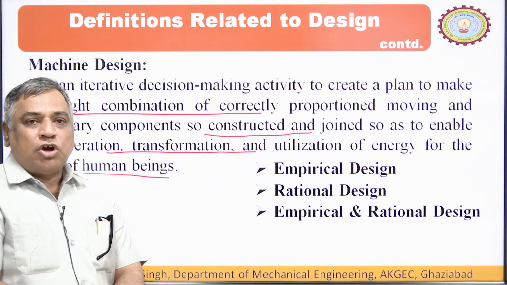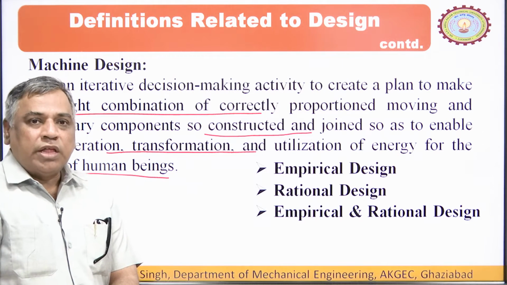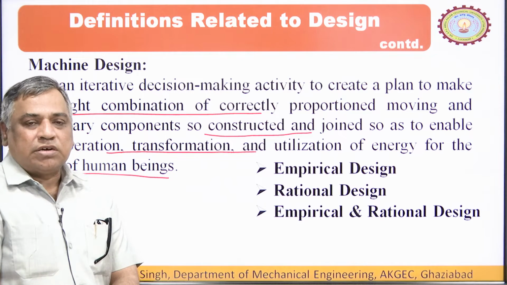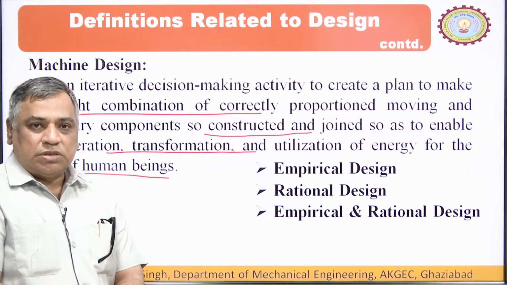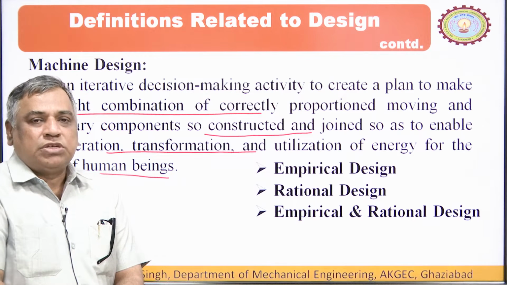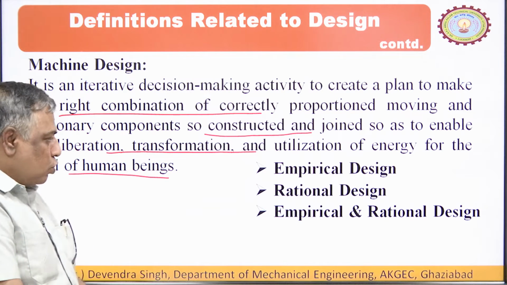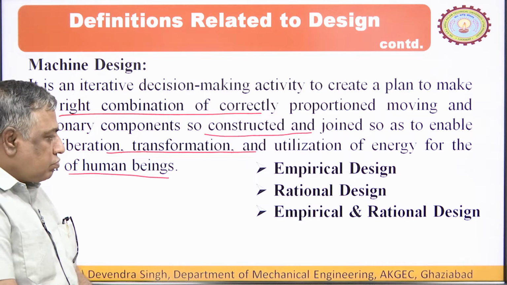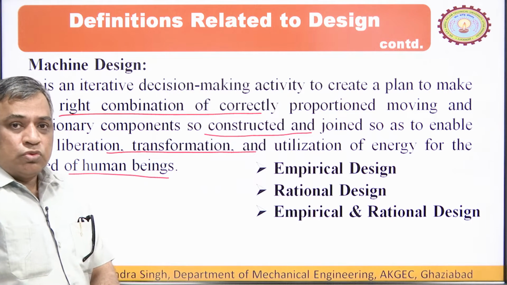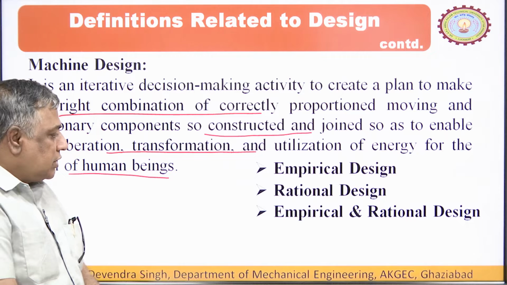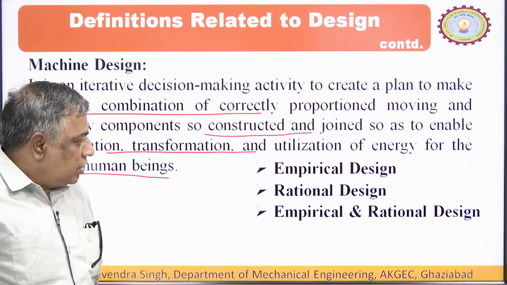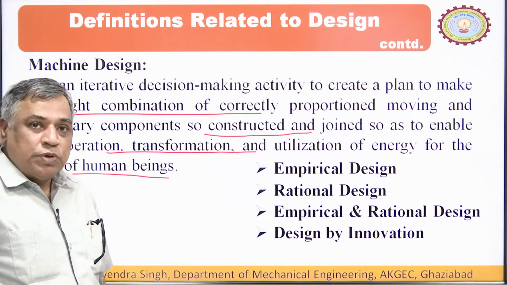If we opt for some dimension in a machine element and we check these dimensions using the concept of strength of materials, meaning we provide some mathematical support or take a mathematical decision to make it successful, then this is called empirical and rational design, a decision based on mathematical logic.